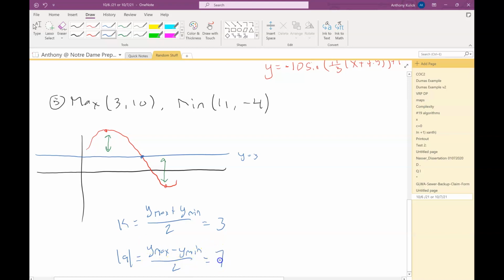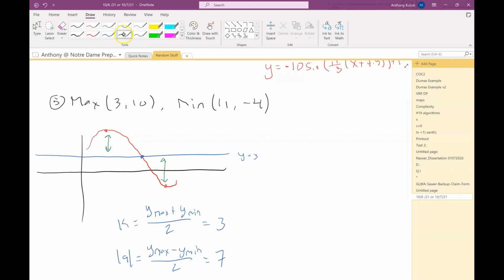So in that case, it's 7, right? 10 minus a negative 4 is 14, divided by 2 is 7, which should make sense. If I go up 7 units from 3, I should be at 10. If I go down 7 units from 3, I should be at negative 4.